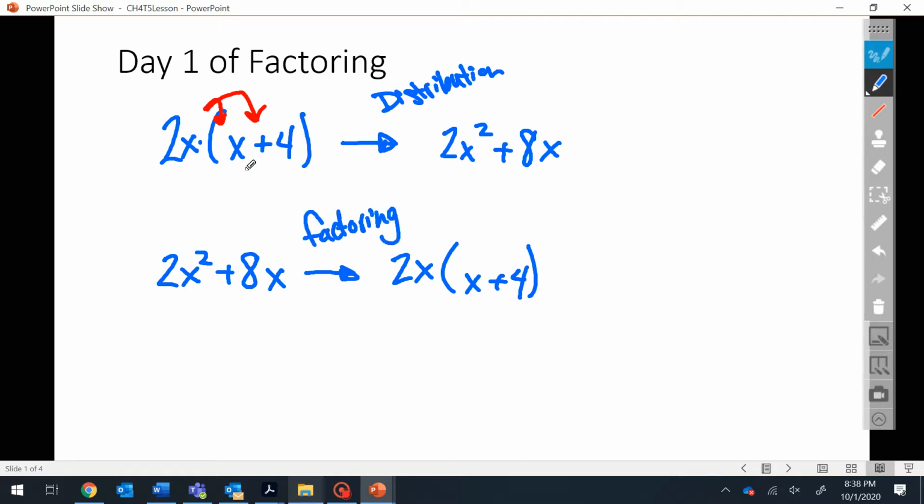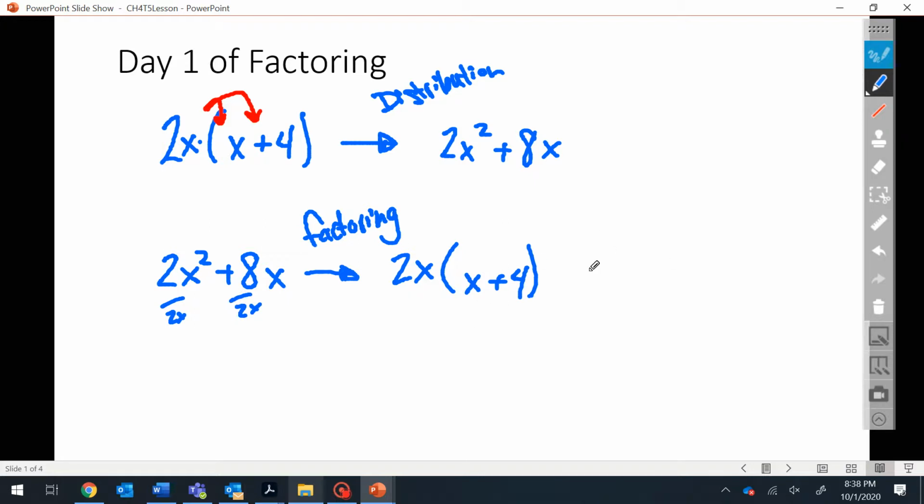Alright, in the first one, we put the 2x into both of the terms, multiplied. And in the second one, we took the 2x out of both the terms. That's called factoring, where we took it out. This one, we multiplied by 2x to put it on the inside. This one, we divided by 2x to bring it to the outside.